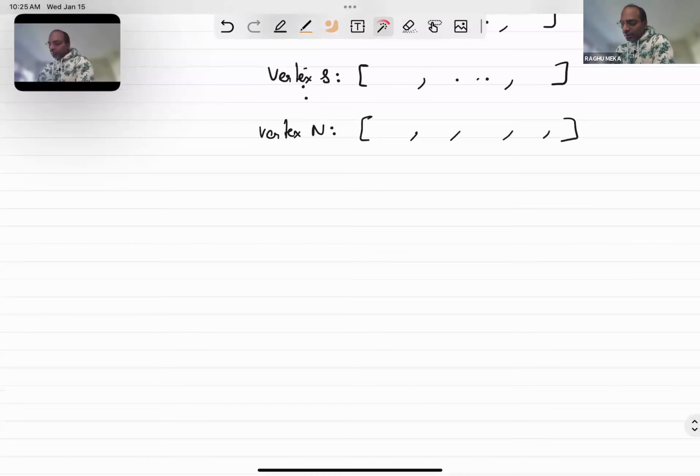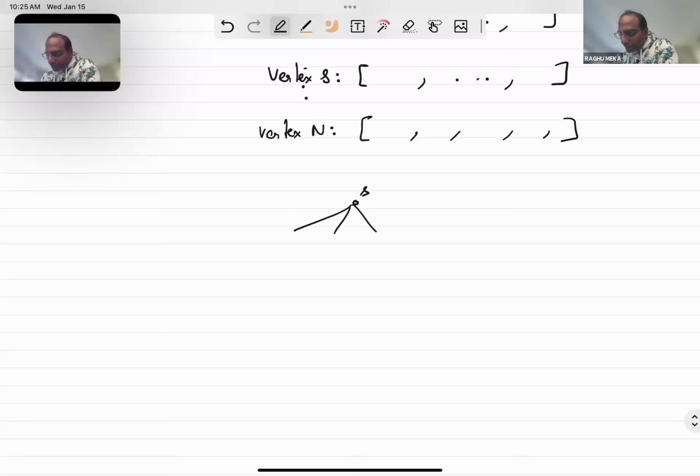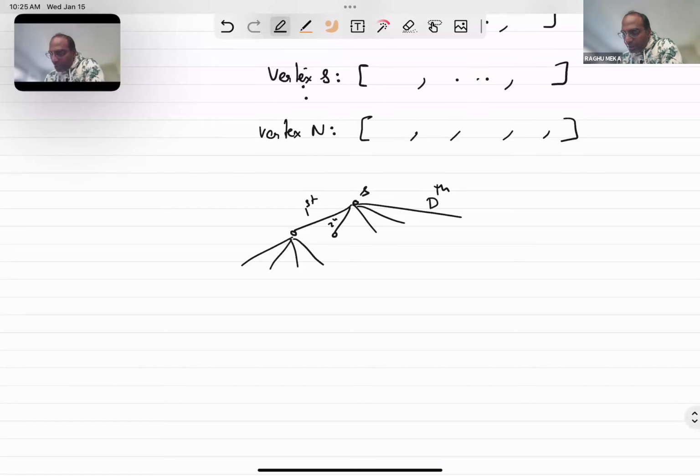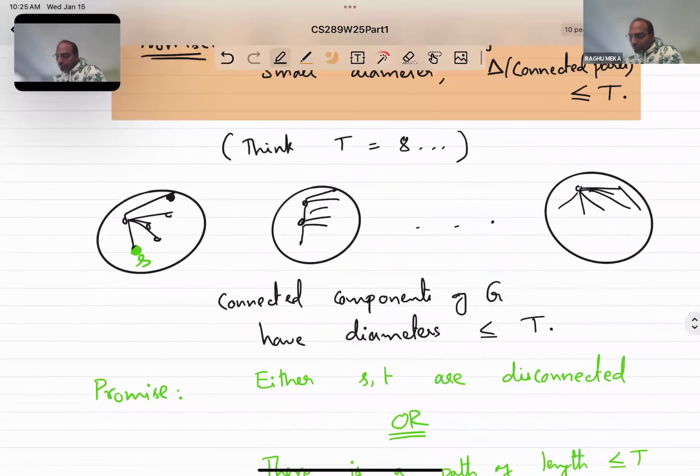So what we're saying is starting from S, you have the neighbors listed in some order. Maybe this is the first neighbor, second neighbor, and this is the 10th neighbor. And then this vertex also has some numbering on its neighbors, and so does this vertex, and this one.